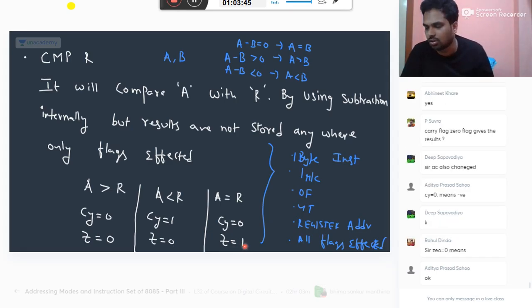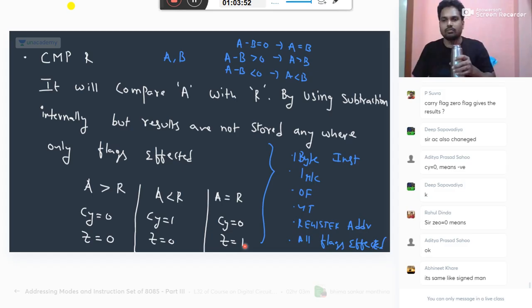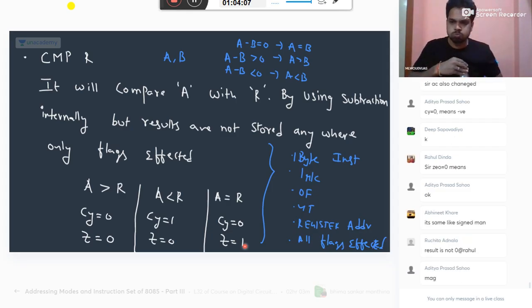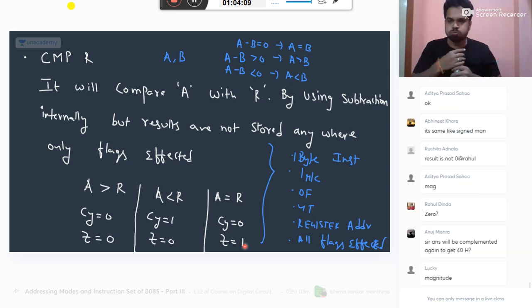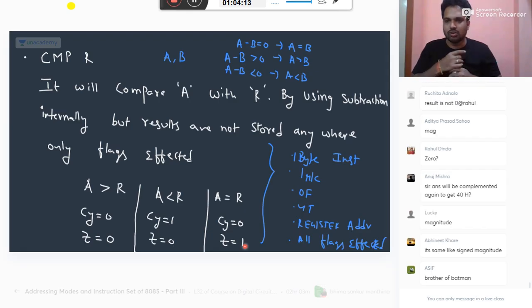The answer is of no use for us. Here you need to do comparison, not subtraction. They don't store the result. It's not sign magnitude, it's 2's complement format. They will only store flag register contents.